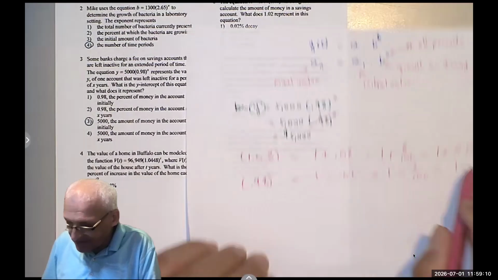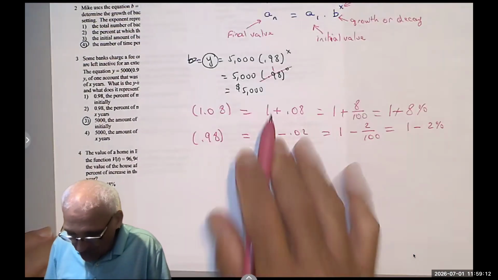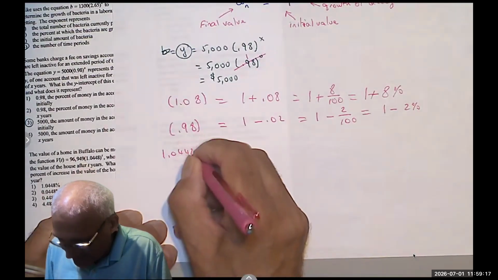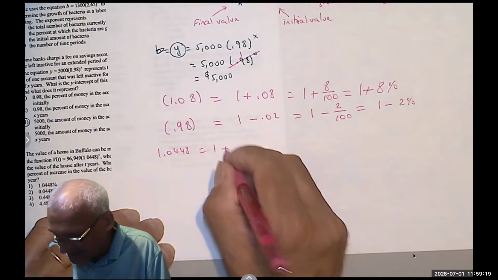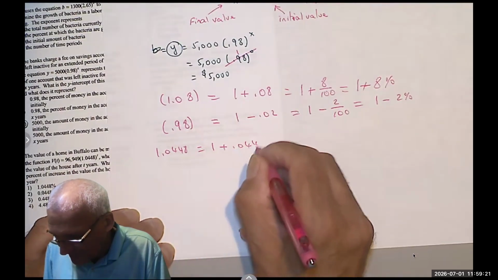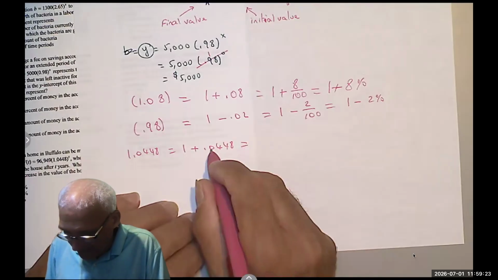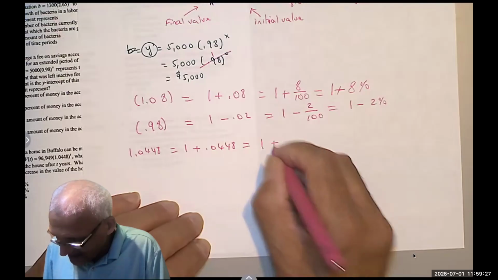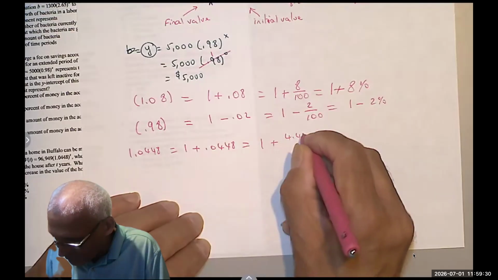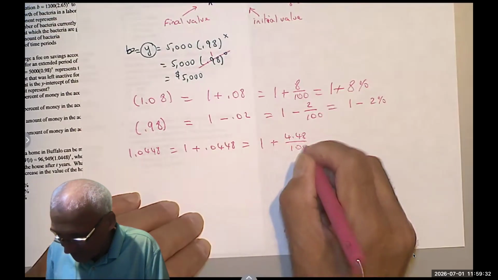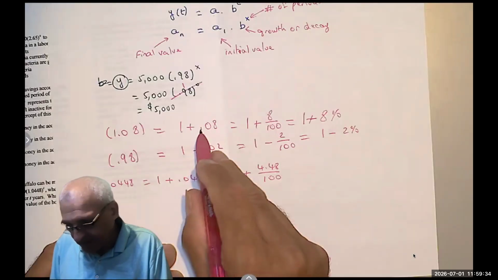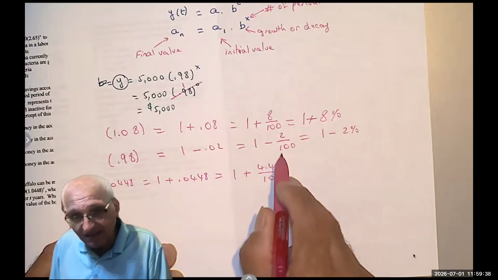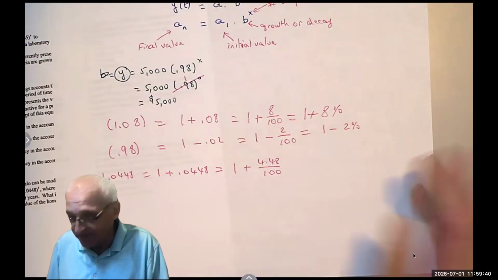So I want to write it something like that. I'm going to say, okay, it's 1.0448, which is 1 plus 0.0448. I multiply by 100 by moving the decimal place 2 units to the right and say this is 4.48 over 100. You see what I did here? I multiplied by 100 and then divided by 100, so I don't change the value.